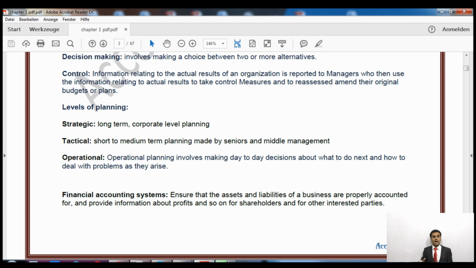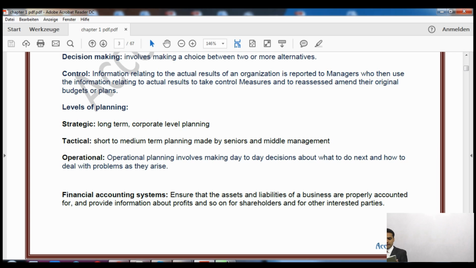I will have to see local trends there, the taste of the customer, the economic conditions, the government factors as well. So before expanding to Spain from the UK, I will have to think about lots of things, and that planning is the top level planning, called strategic planning.